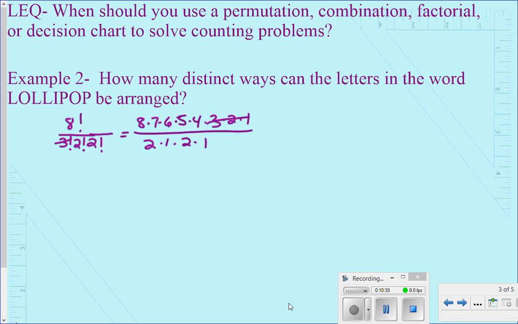So let's take a moment, type that in, and figure out what we get here. 8 times 7 times 6 times 5 times 4. And we're dividing that by 4, which is 1,680. So there's 1,680 distinct ways of arranging the letters in the word lollipop.